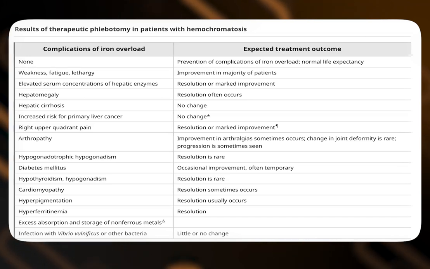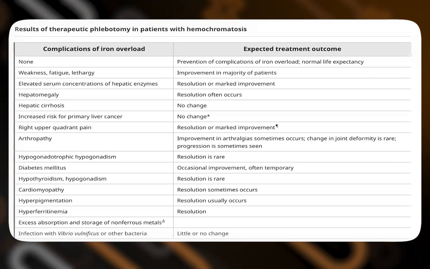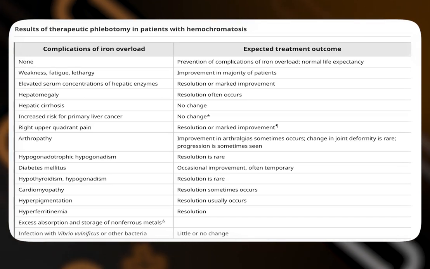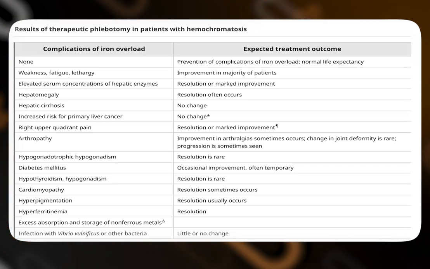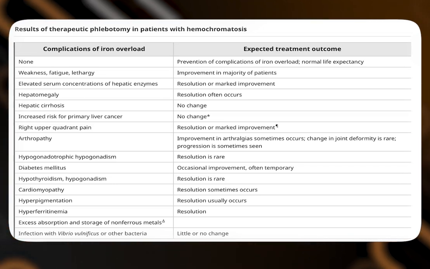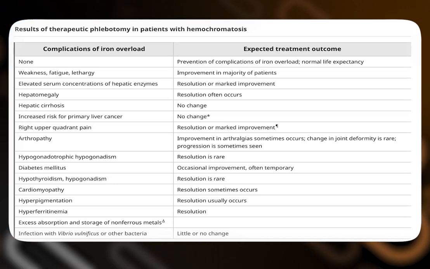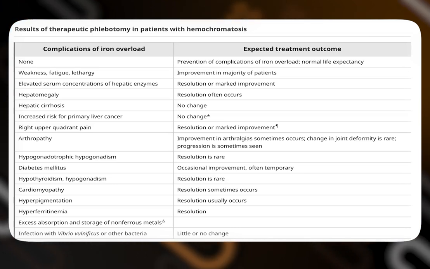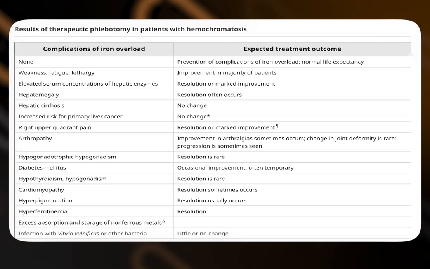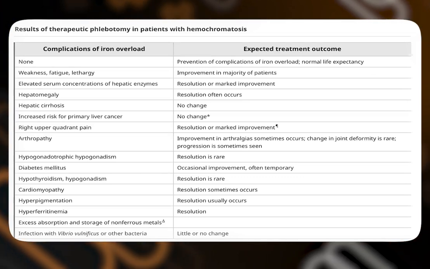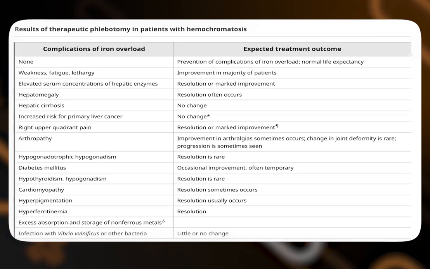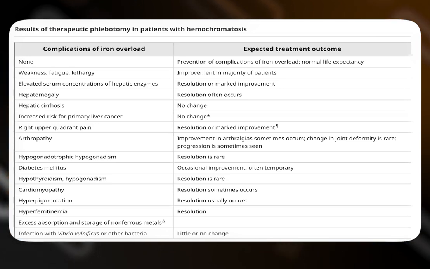Enzymes also decrease markedly. Hepatomegaly resolves, but hepatic cirrhosis, as I told you, does not change once it has developed. The increased risk of primary liver cancer also does not change. If the patient already has cirrhosis, there is a very high risk of developing HCC or cholangiocarcinoma. Other symptoms like upper right quadrant pain show marked improvement.